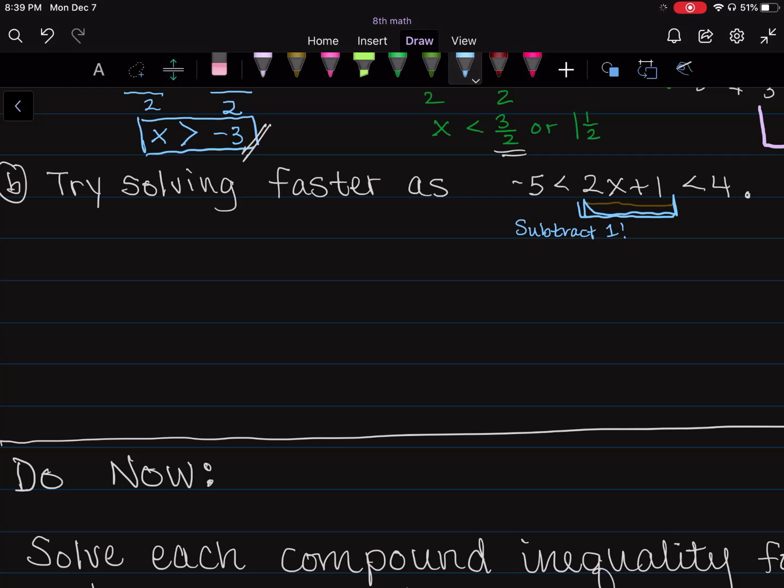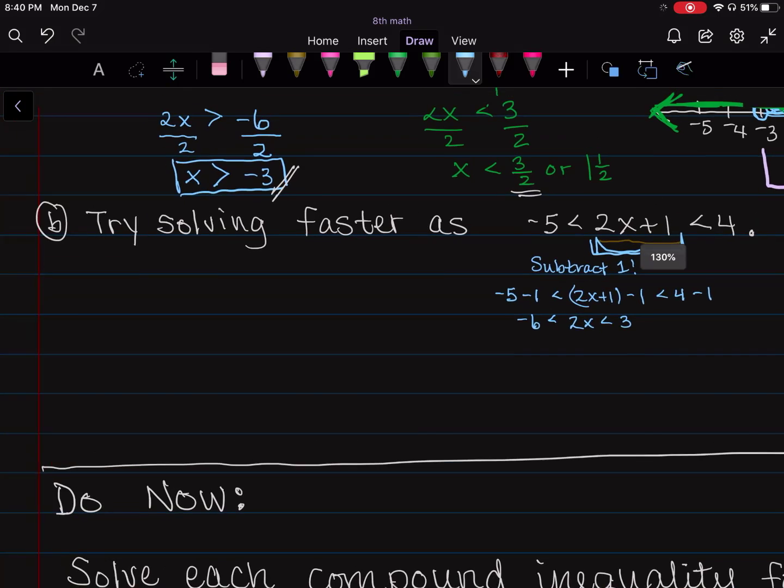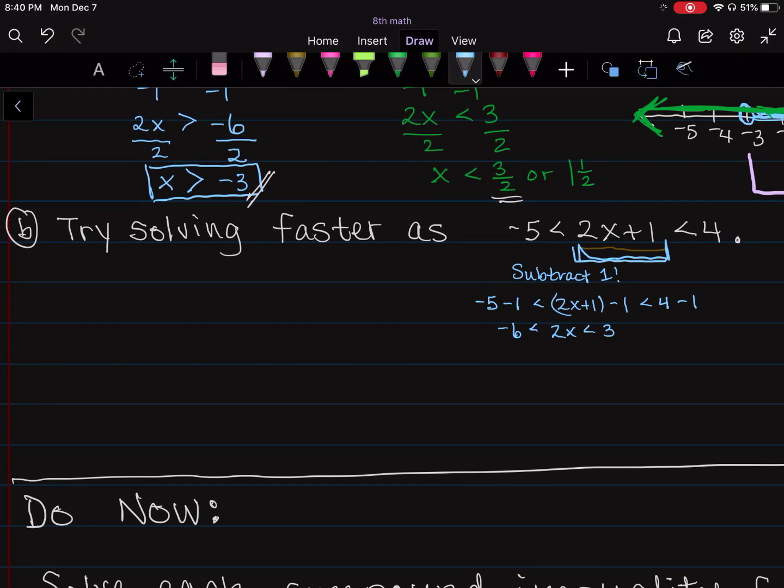So just to really show how this works, I'm going to show it out. Negative 5 minus 1 is less than 2x plus 1 minus 1, which is less than 4 minus 1. I subtracted 1 from every part of it. The statement's still going to be true. So we have negative 6 less than 2x less than 3. Notice that also is the same step one we got before.